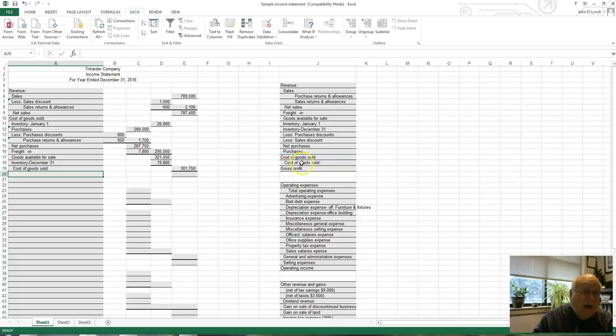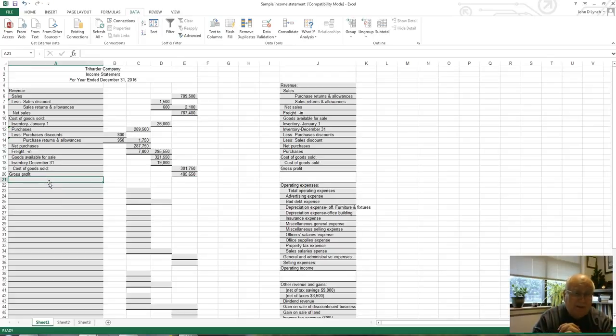Then after the cost of goods sold, we have our gross profit, by taking our net sales of $787,400 minus the cost of goods sold of $301,750 to come up with $485,650. Okay, so that's that section.